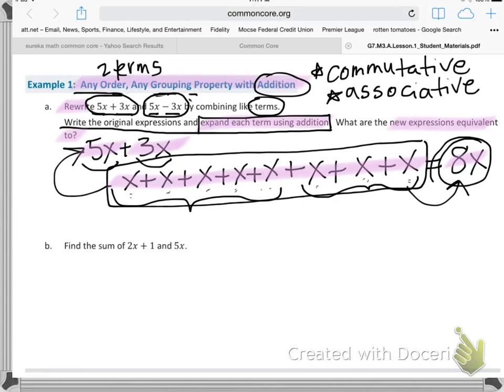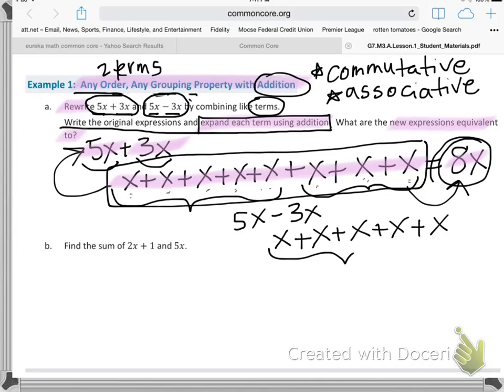Now the 5x minus the 3x, again, is a similar process. If we expand that out, we have x plus x plus x plus x plus x. Here's that part, we have our 5x right here.